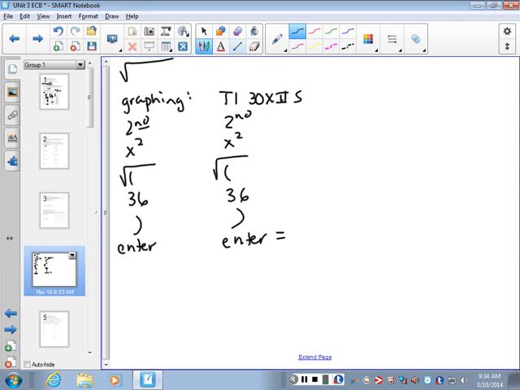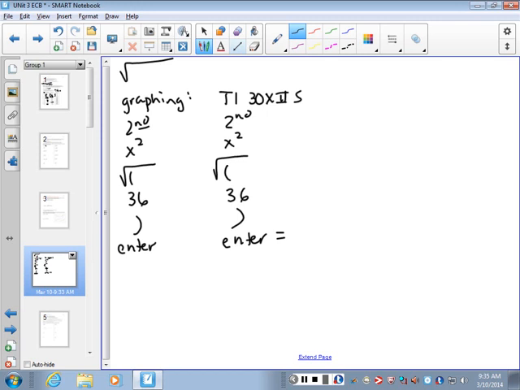Now if you have something that looks like this, or most of your others that don't hold the display, yours is going to be a little bit different. This is like the one that Kevin has, or any of them that don't hold a display. On these calculators, you actually have to enter the number first.